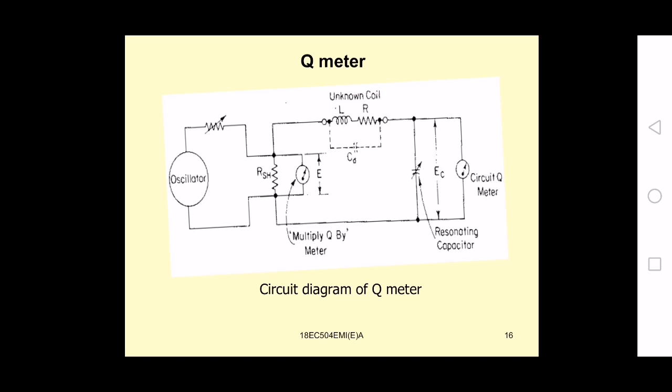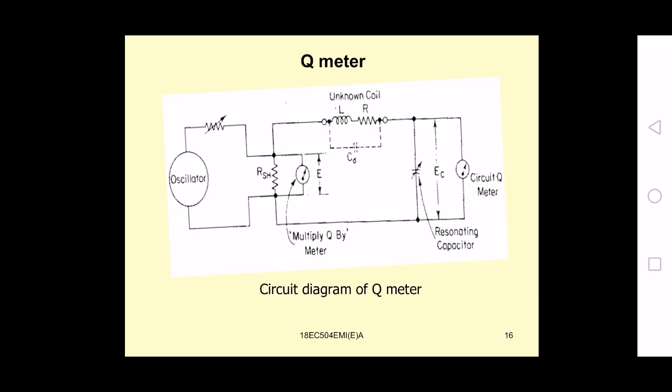Now the operation of this circuit. We have discussed the input as well as the output. At the input we have the multiply Q by meter, and at the output we have the electronic voltmeter across the capacitor.